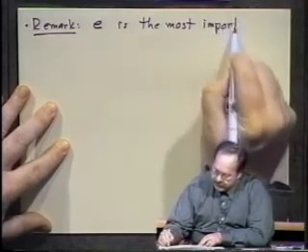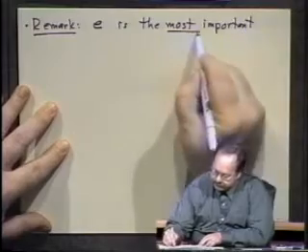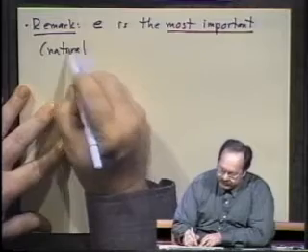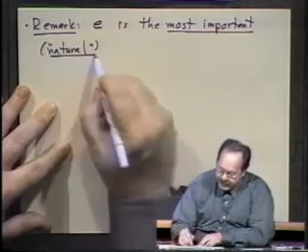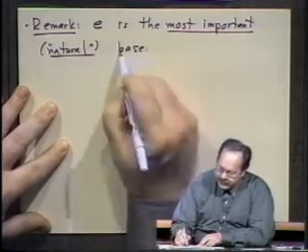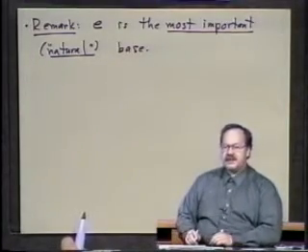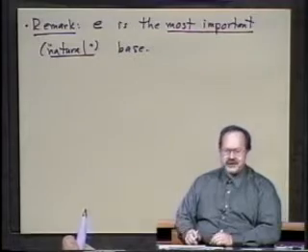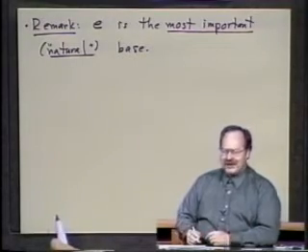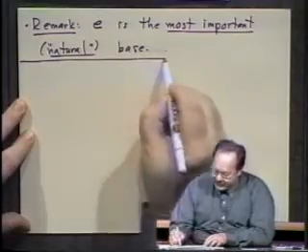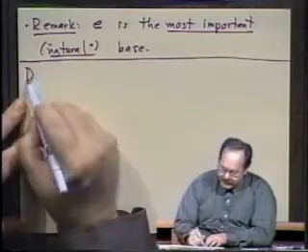The word we use is natural base. Of all the bases that you can use for an exponential function, e is the most important one. It's called natural. Again, I can't really explain why it's natural, because it's a calculus idea. But if you'll just accept that it's important, I can go ahead and define the natural exponential function.